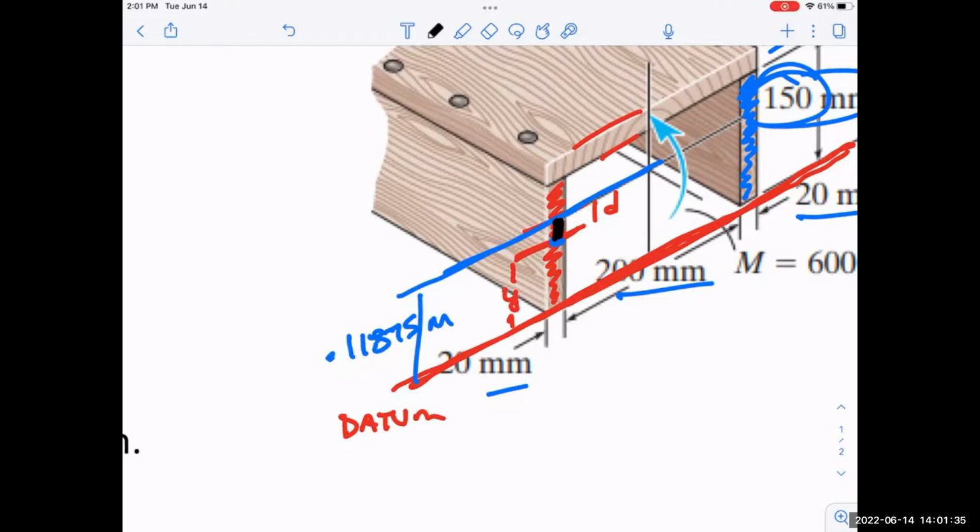And we knew that that was 0.075, right? That's how far it was. But then the center of mass is actually 0.11875, so it makes sense. I need to subtract those. It's a pretty small distance. In other words, that rectangle is pretty closely located to the center of mass. So if I take 0.11875 minus 0.075, I get 0.04375.